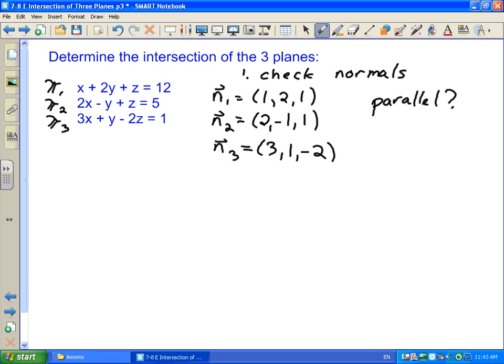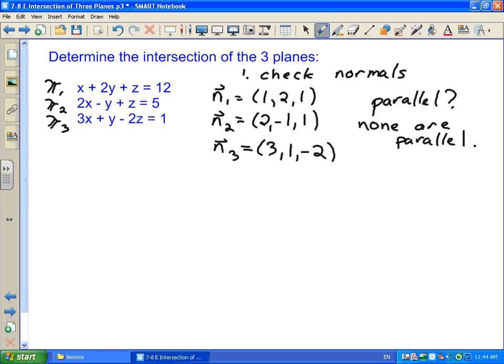Richard's shaking his head because, yeah, none are parallel. So already we know that we have 3 possibilities. They intersect in a point, they intersect in a line, or we have that situation where they form that little triangular prism in the middle. And we want to try to figure out which of these 3 we have.